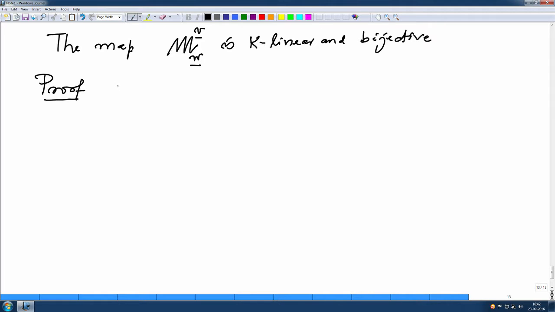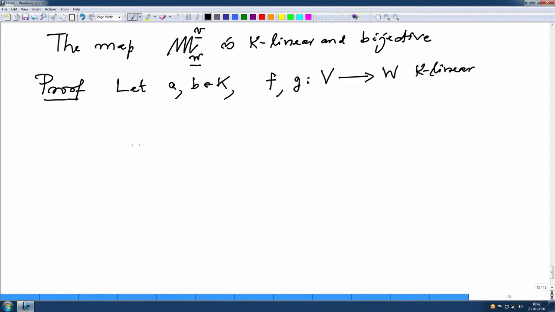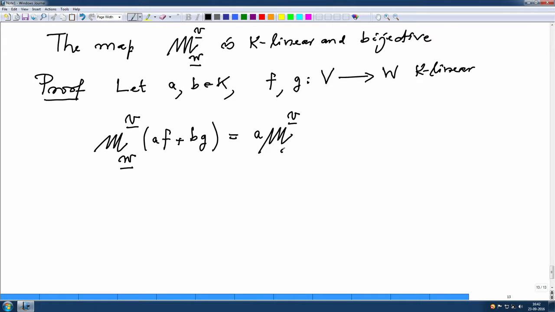That means let A and B be two scalars and F and G be two linear maps from V to W. Then we have to show that M_{V,W}(AF + BG) is the same as A M_{V,W}(F) plus B M_{V,W}(G). We have to show this.